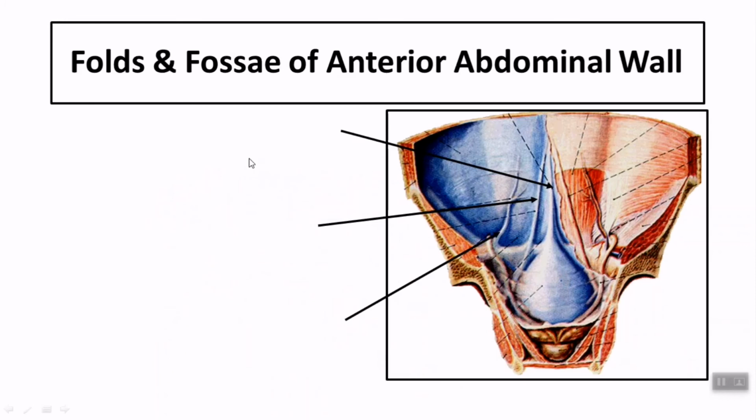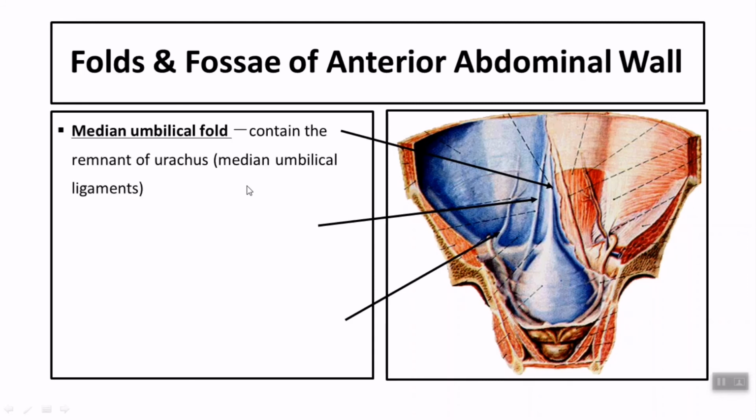What are the folds and fossae of the anterior abdominal wall that are formed by the reflection of peritoneum over certain structures on the anterior abdominal wall? First of all, at the midline, we have the median umbilical fold, which contains the remnant of the urachus.